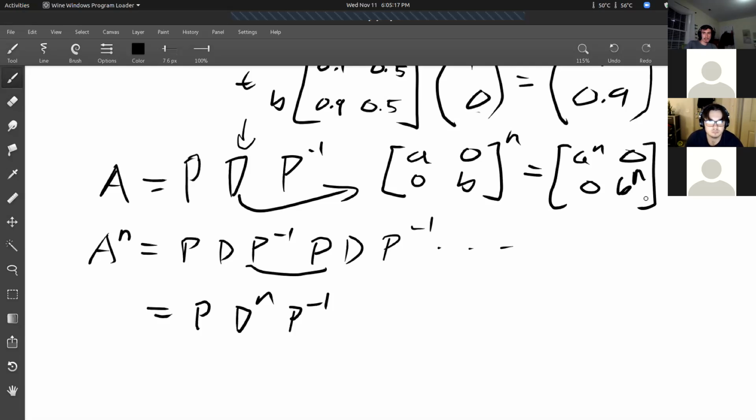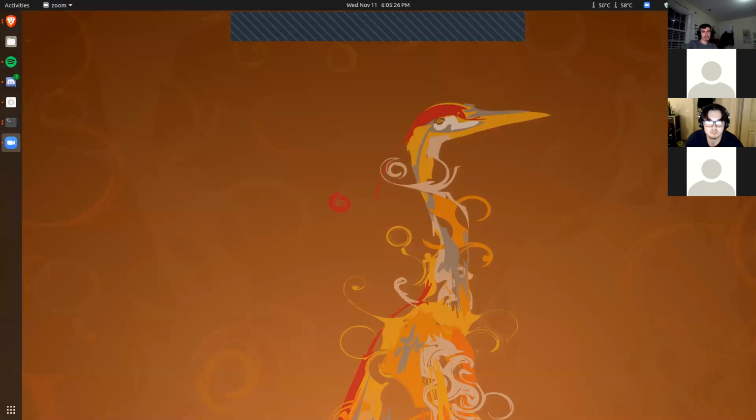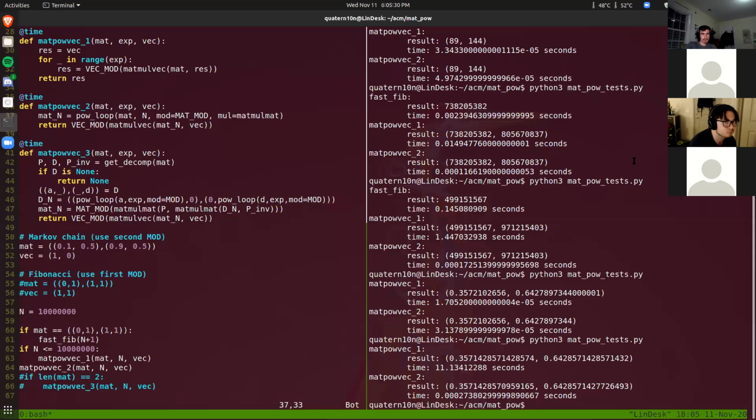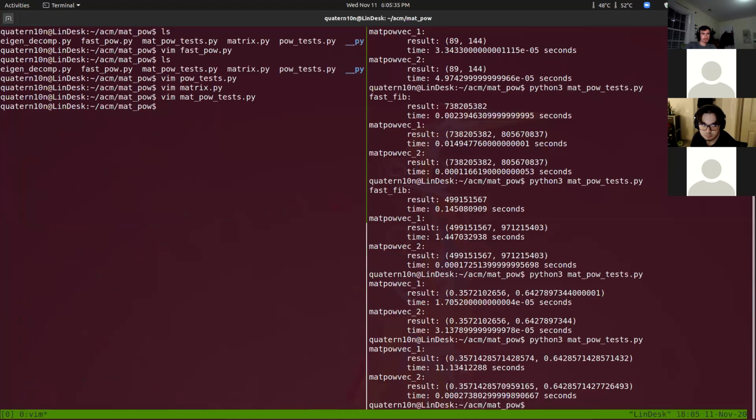So I wrote some code that can take A and automatically create these matrices for 2x2 matrices. You can do the same sort of algorithm for 3x3 and 4x4 matrices, but you cannot do it for 5x5 matrices.